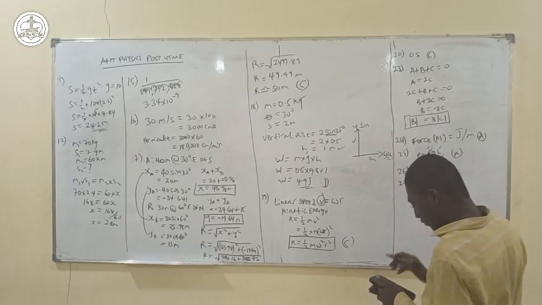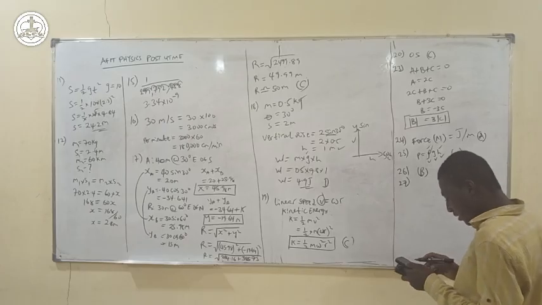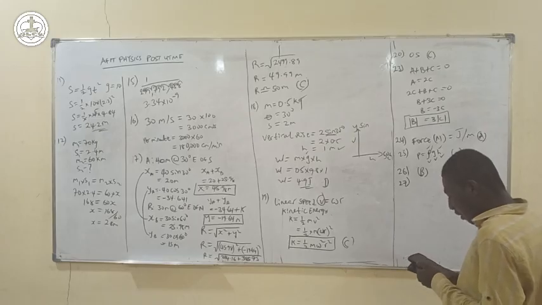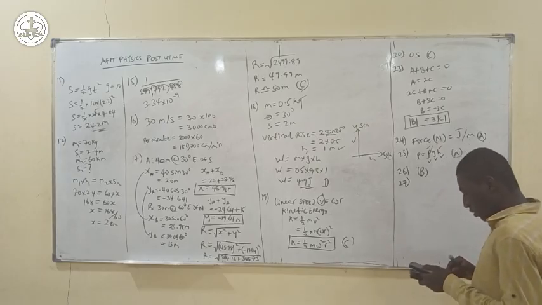Question 27 says, which of the following statements is correct? A. Uniform speed always implies uniform velocity. B. Uniform speed always implies zero acceleration. C. Uniform speed may imply non-zero acceleration. D. Constant momentum implies constant acceleration.